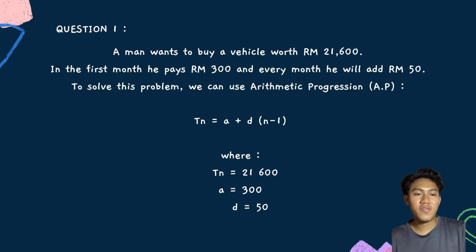The question asks us to find how many years, so the number of years is n, and in the equation we need to find n. 21,600 is Tn because Tn is the final value. 300 ringgit equals A because it is a constant value, and D equals 50 because D is the value that we add on to the constant.